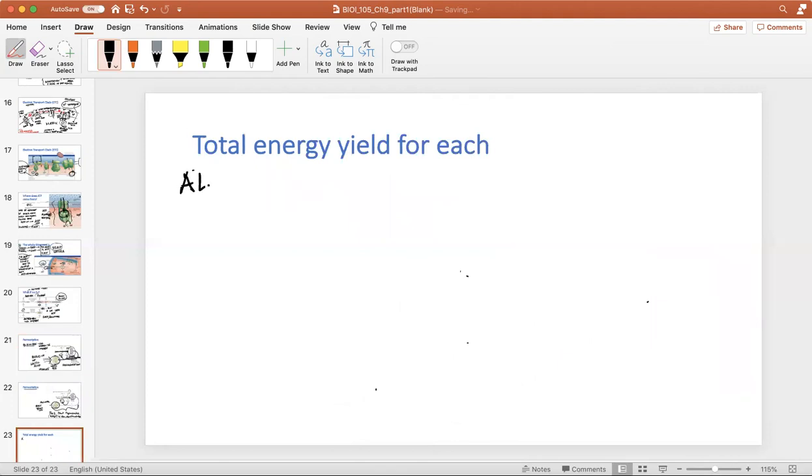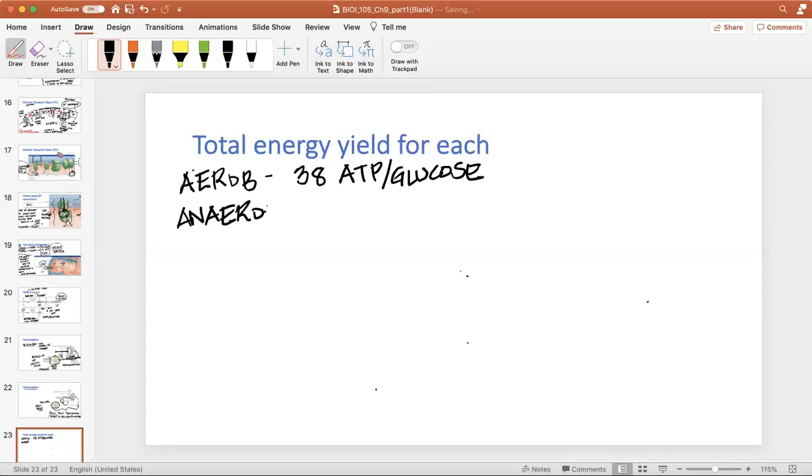aerobic respiration gives you, I'm going to put 38 because that's our theoretical yield, 38 ATP per glucose. Anaerobic or fermentation gives you 2 ATP per glucose.